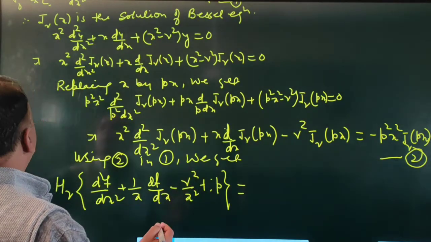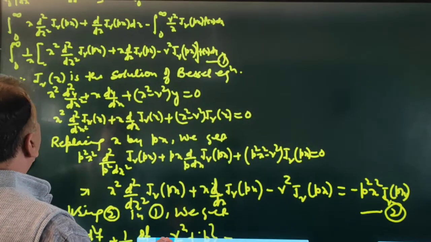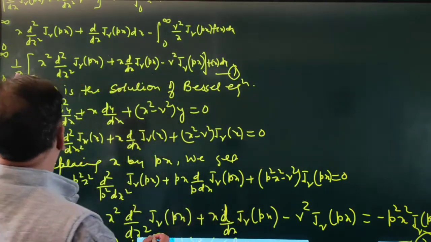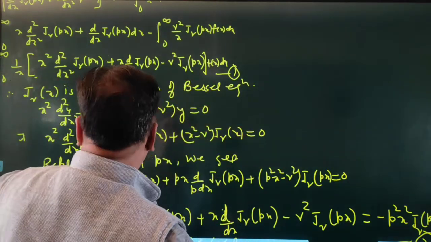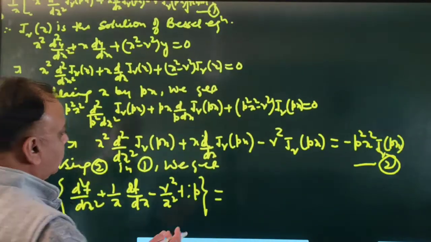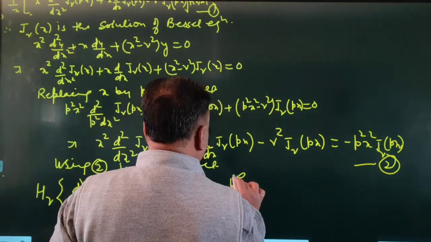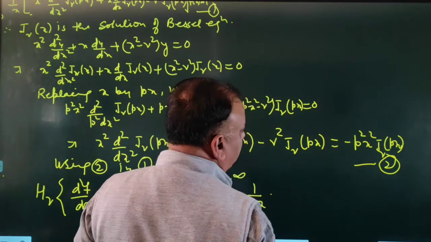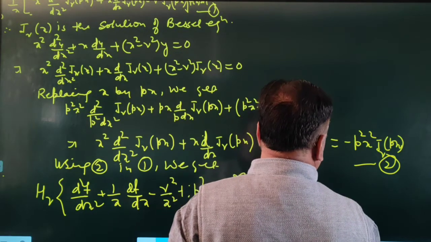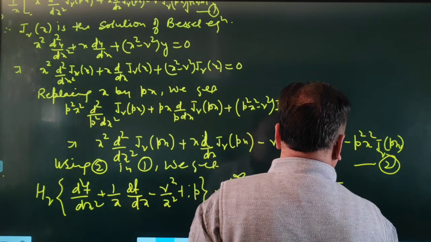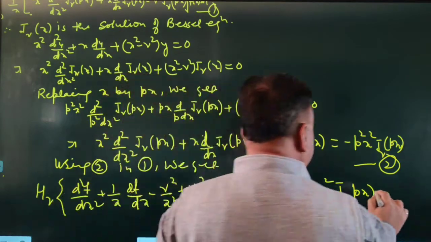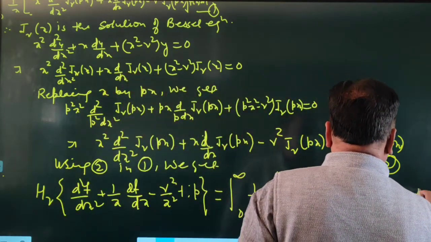We put this in equation number 1. So we get 1 upon x into this value from equation 2, which is the integral from 0 to infinity of 1 upon x into minus p square x square J nu(px) f(x) dx.